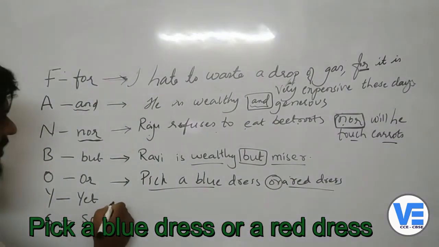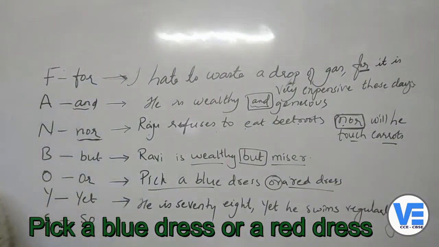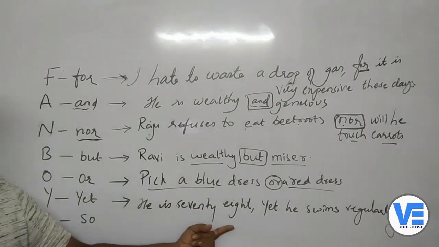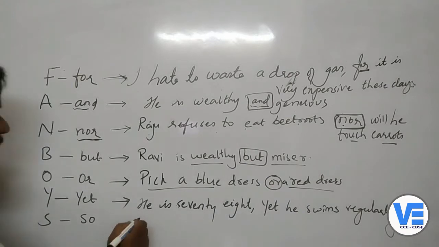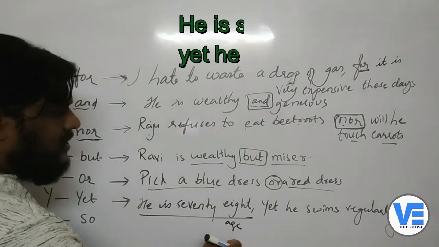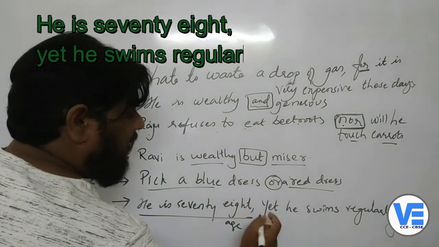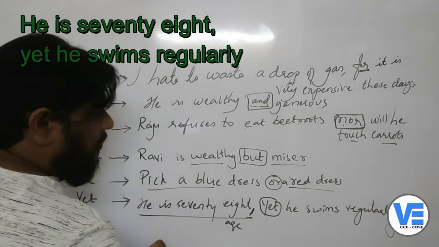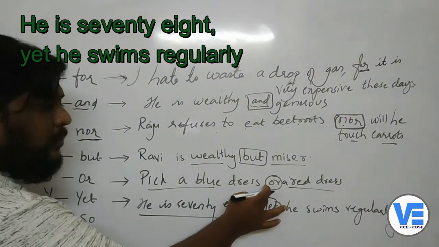Now next one is the "yet". So here you can see the example. He is 78. That means we are talking about his age. He is 78, yet he swims regularly. So before the conjunction, what we have taken is a comma. But here we did not put a comma.